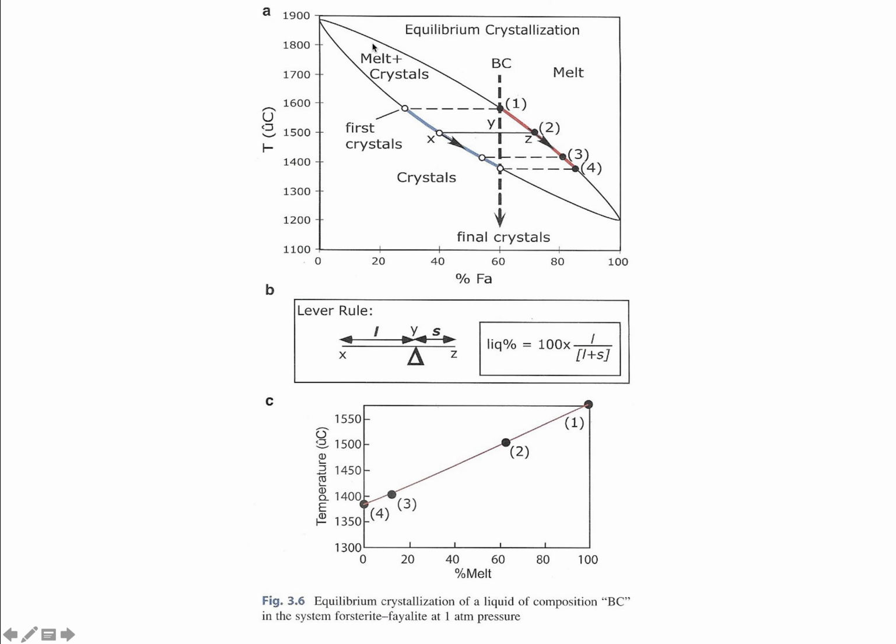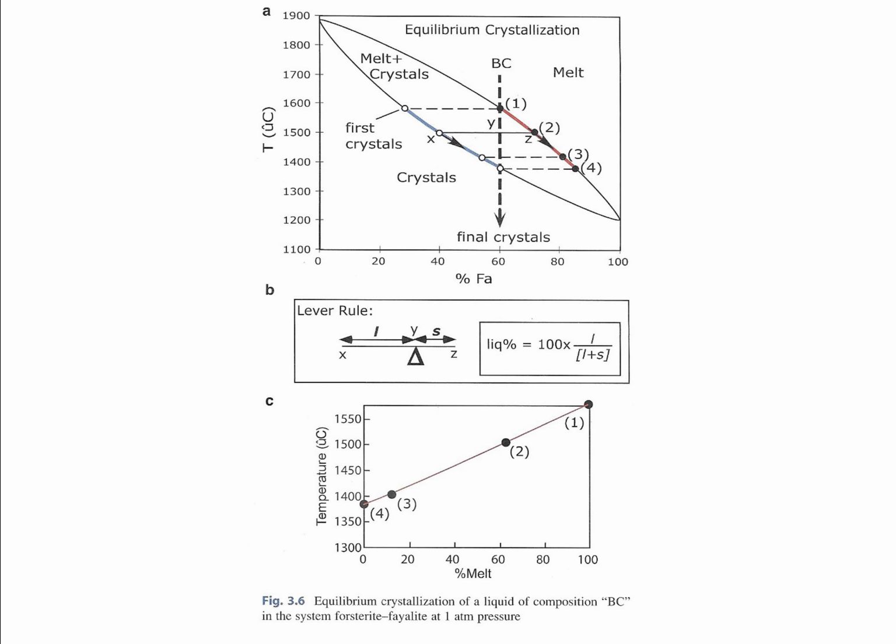Inside the banana we have a field consisting of melt and crystals, that is a mush. We have a melt, and crystals are formed out of this melt and then removed from the melt.